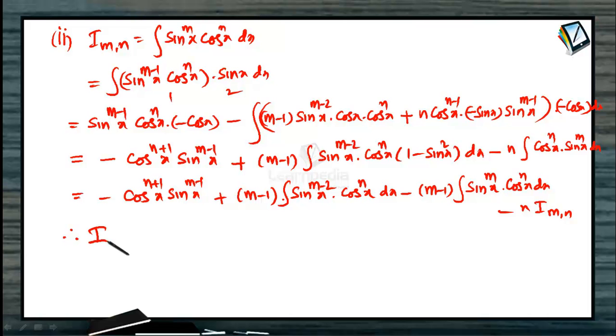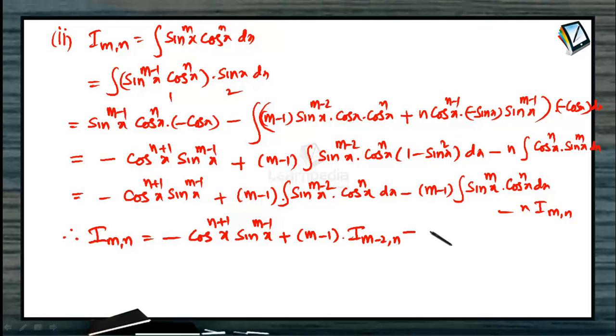Therefore here we have Imn is equal to minus cos^(n+1)(x) sin^(m-1)(x) plus (m-1) I(m-2, n), minus (m-1) Imn, and minus n Imn.